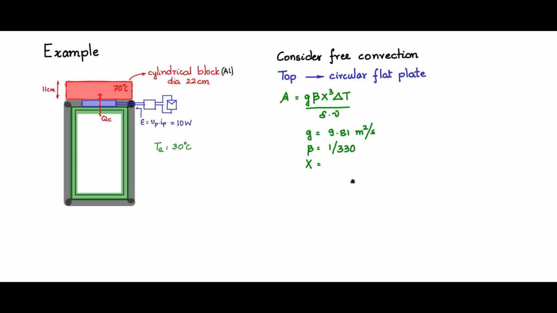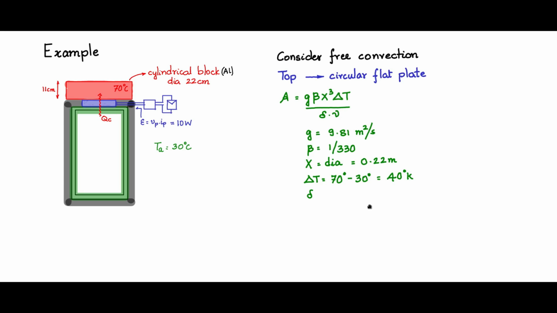X is the characteristic dimension. The characteristic dimension for a flat horizontal circular plate is the diameter d, which is in this case 22 centimeters or 0.22 meters. Delta T will be 70 degrees of the hot aluminum block minus external ambient 30, so that would be 40 degrees, delta T is 40 degrees Kelvin.